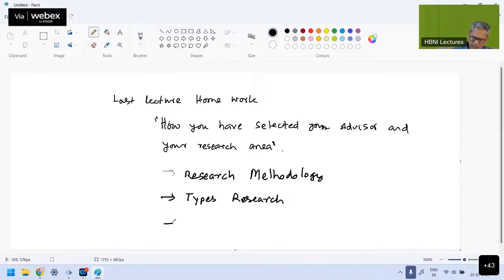Then we'll consider the research process. There are six steps in this research process, a six-step process which we are going to learn.